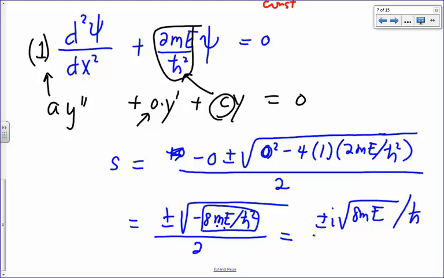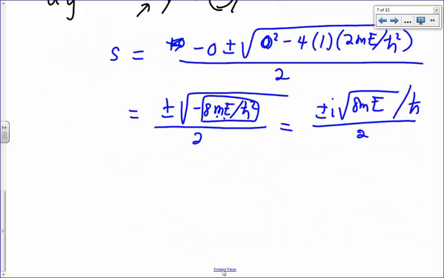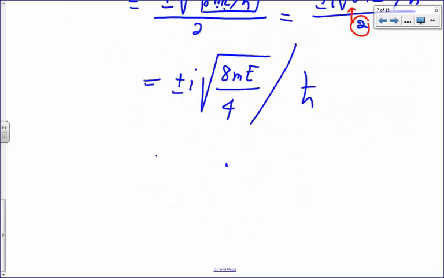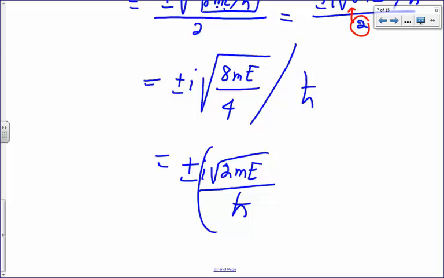And I forgot, I have that divided by 2 down here. Okay, I'm going to move my 2 inside. So what happens if I move my 2 inside my square root sign? It becomes a 4, right? So plus or minus i square root of 8mE over 4 over h bar. So that's equal to plus or minus i square root of 2mE over h bar.